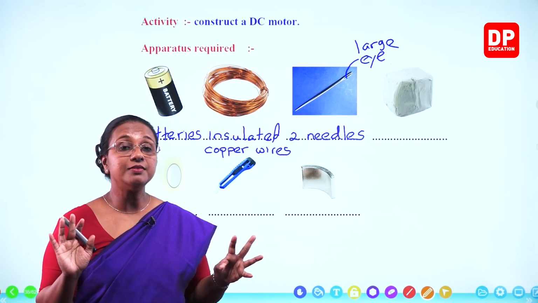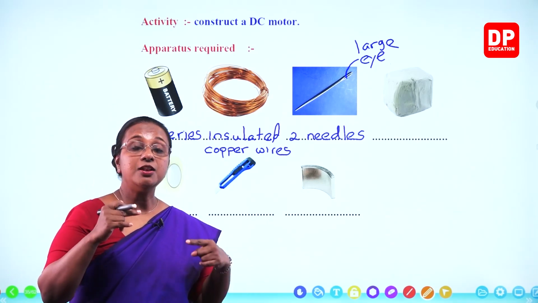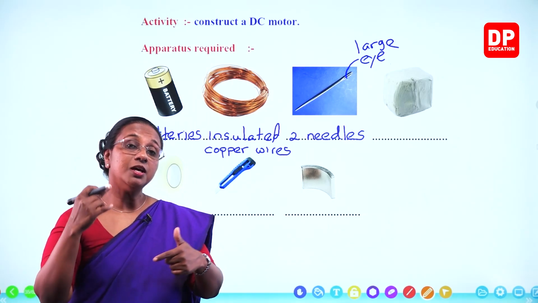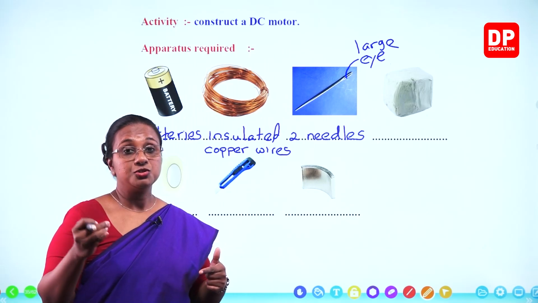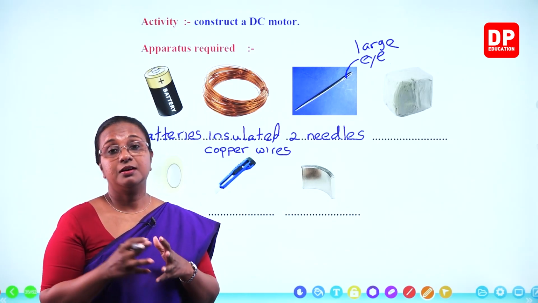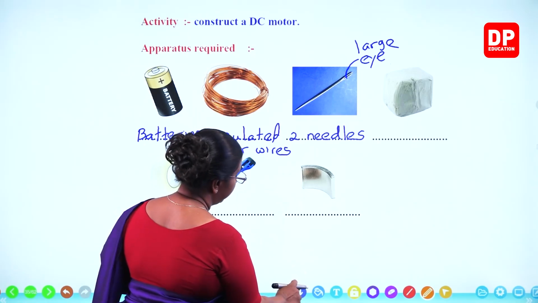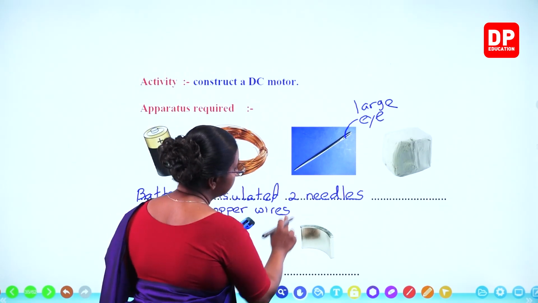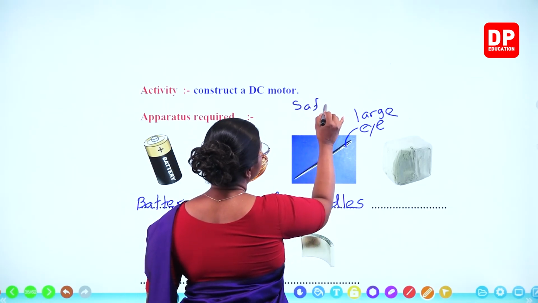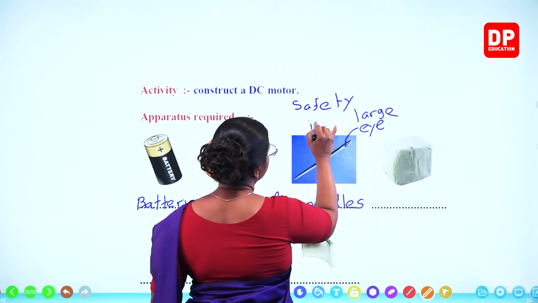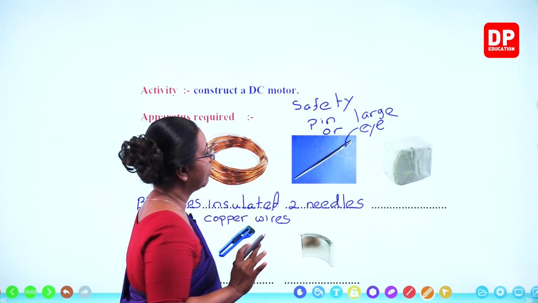If you can't find two large needles with very large holes, then of course it might be difficult for the copper wire coil to rotate within that space. So to prevent that drawback, we can use a safety pin. Instead of the needle, we can also use a safety pin or needles. You have to remember that.